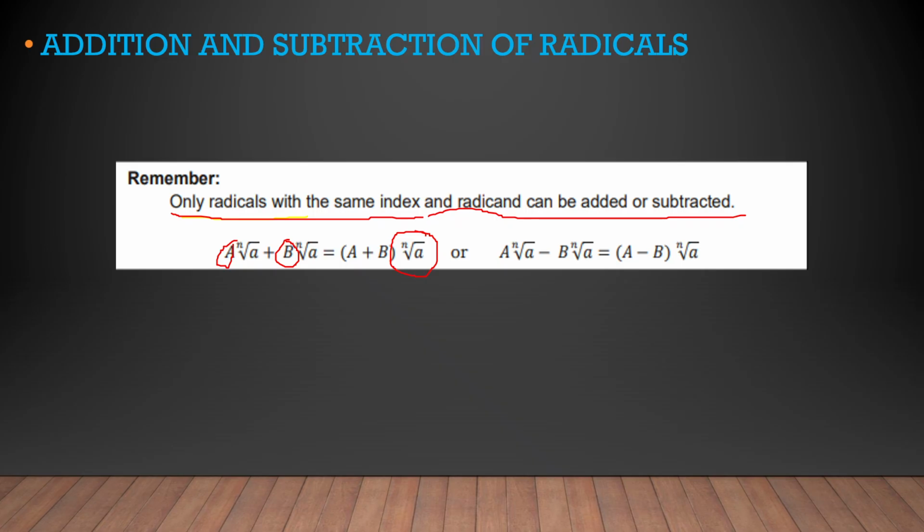Or a nth root of a minus b nth root of a is equal to a minus b nth root of a. You have to subtract a and b, and then the radical is nth root of a. Again, with the same index and with the same radicand, you can add and you can subtract.